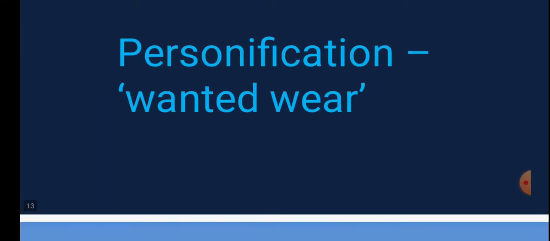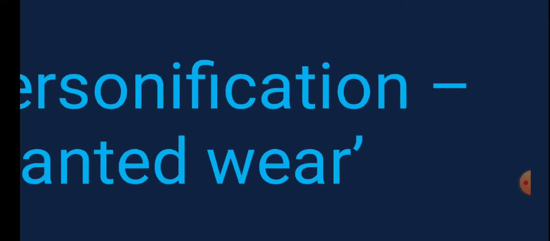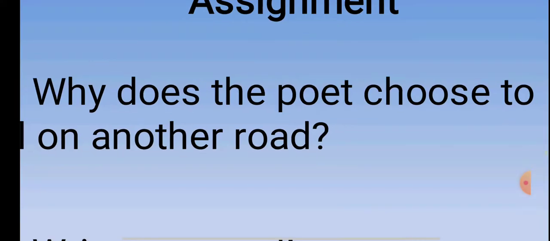And personification is when anything non-living is presented in a living form. Wear and tear we use for human beings, but here it is used for the road. So the road is being personified just like a human being.